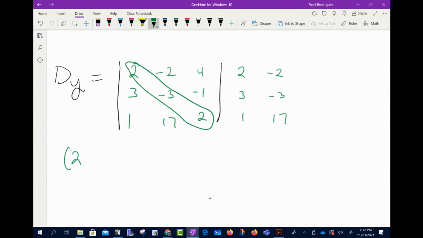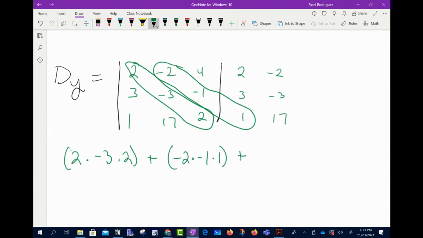So we're going to go 2 times -3 times 2 plus, let's see, -2 times -1 times 1 plus 4 times 3 times 17, okay?